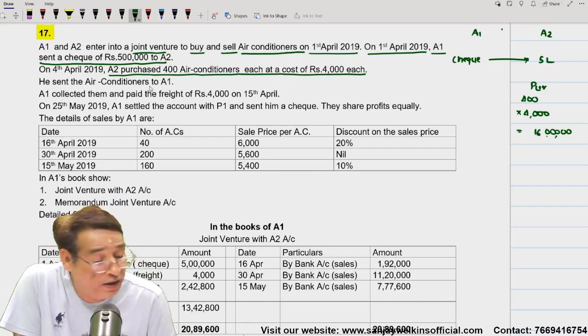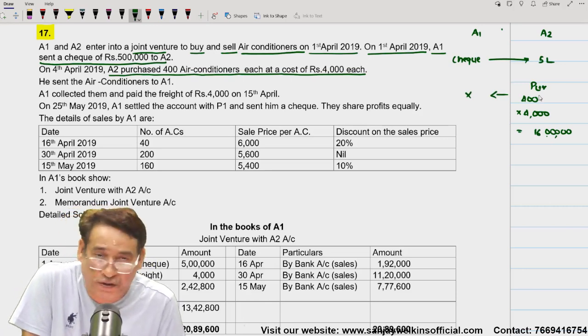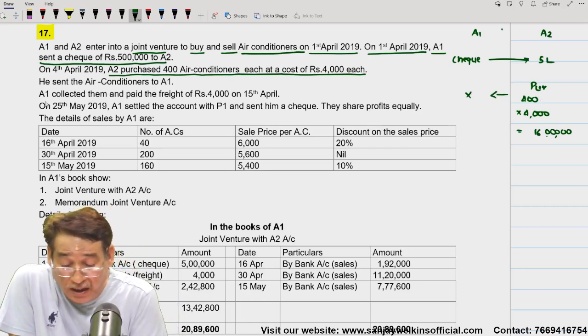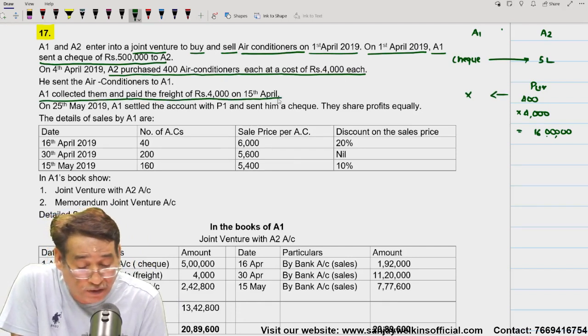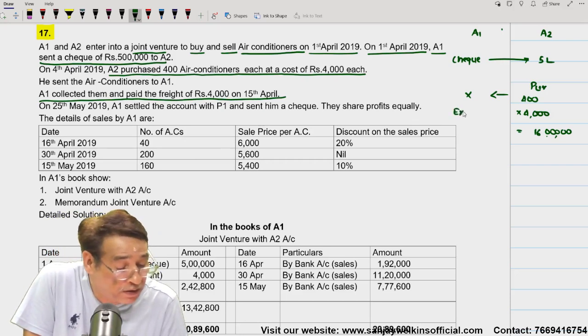After purchasing, he sent the air conditioners to A1, but no entry will be made for sending the goods. A1 collected them and paid freight 4,000 on 4th of April. Now A1 spent some expenses in the form of freight, that is 4,000 rupees.